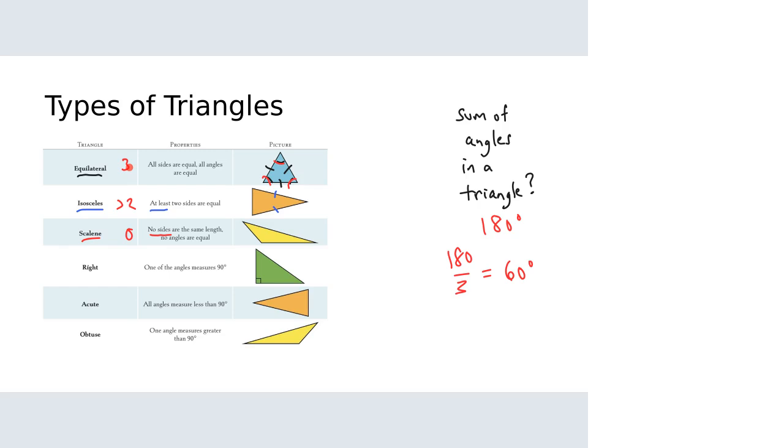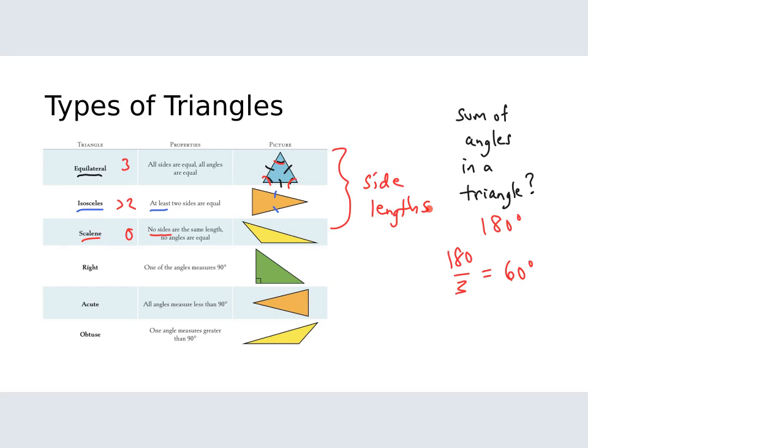And we have all three sides that are the same as each other. Those are three different descriptions of triangles that are all about the side lengths. All of these names are about the side lengths of the triangle, and that's how we describe them as scalene, isosceles, or equilateral.